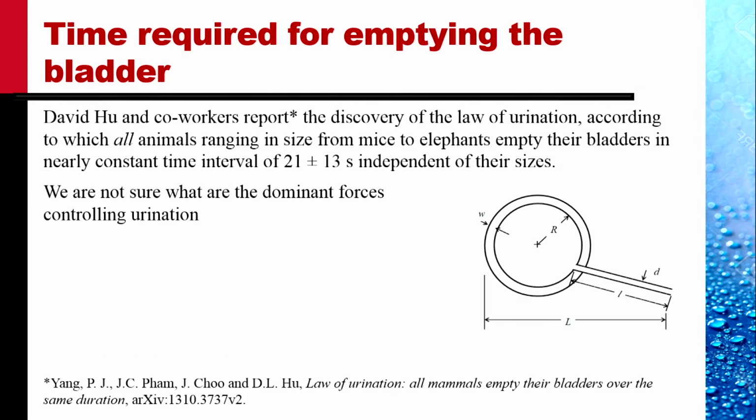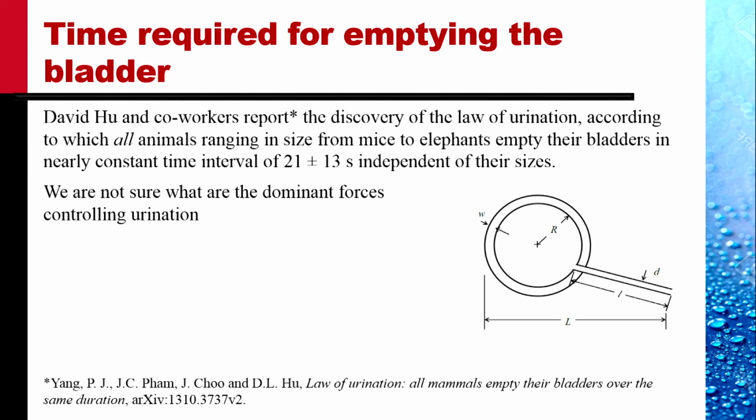Let's do this last example, a very interesting example. David Hu and his co-workers report the discovery of the law of urination, according to which all animals ranging in size from mice to elephants empty their bladders in a nearly constant time interval of 21 plus or minus 13 seconds.